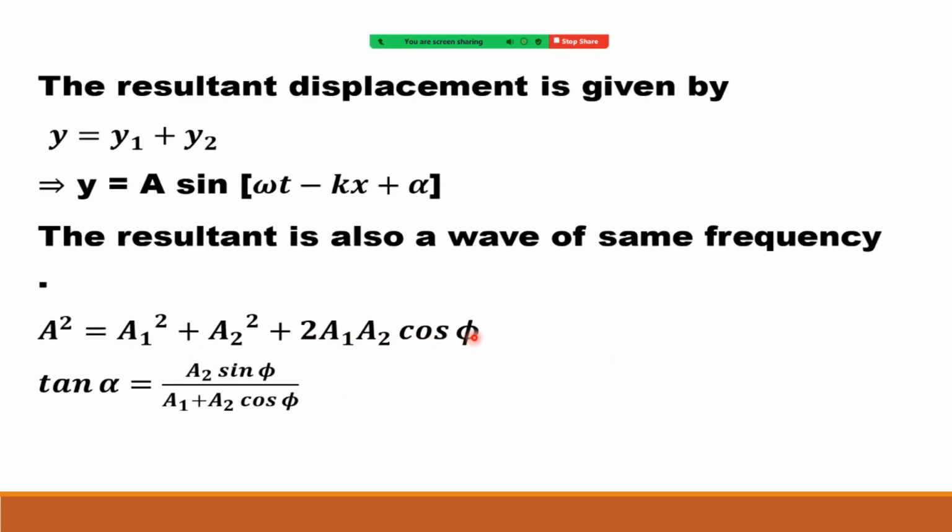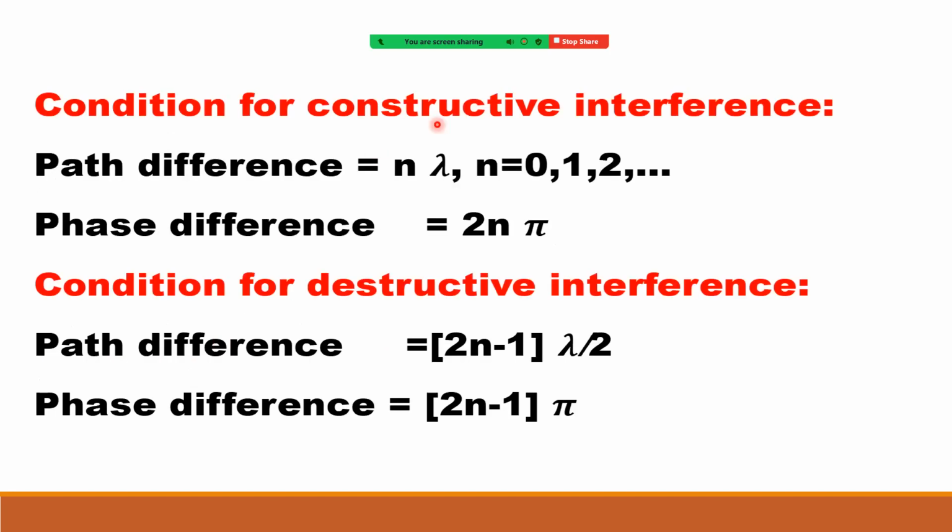If phi value is 0, this becomes (A1 plus A2) whole squared. That means A value is A1 plus A2. So for phi value 0, 2 pi, 4 pi, 6 pi and so on, for all these values A becomes A1 plus A2. That is what we call constructive interference.